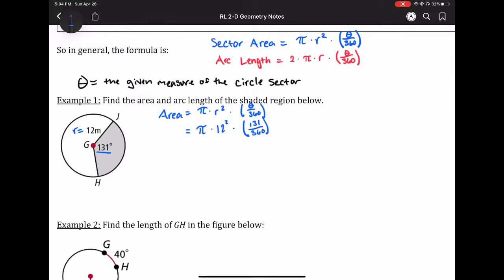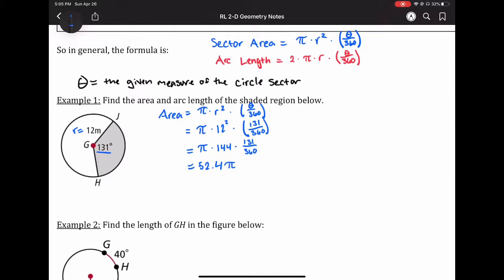So if we break that down, that really means that I have pi times 12 squared, which is equal to 144, times, and I'm going to just keep my fraction of 131 over 360. Now I'm going to simplify my fraction and the 144 all in one step. So when I do 144 times 131 divided by 360, that simplifies down to 52.4 times pi.